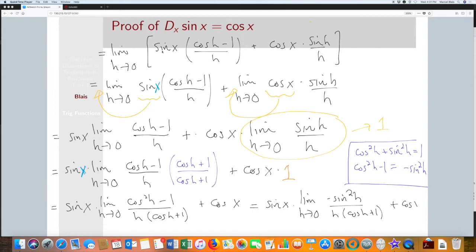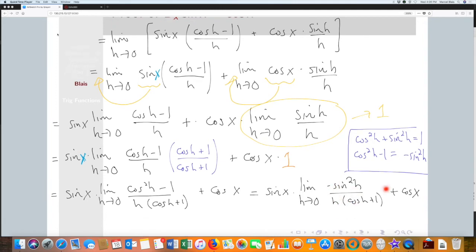plus cosine of x. And now we merely need to rearrange things. We want to start pairing things correctly. We want to pair one of these sine terms with the h and then use this identity here.